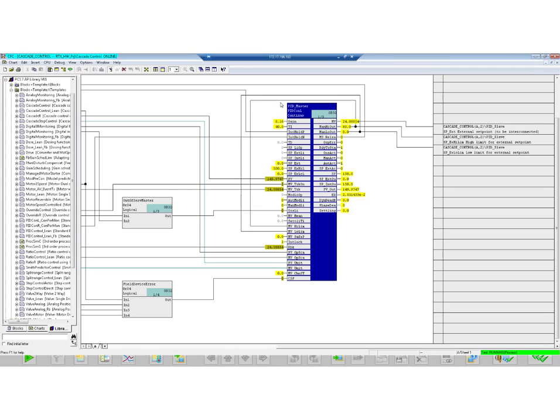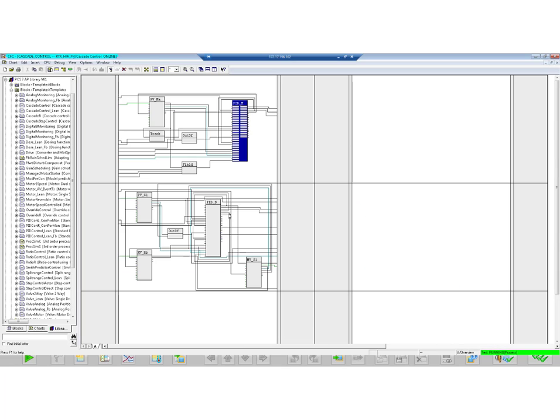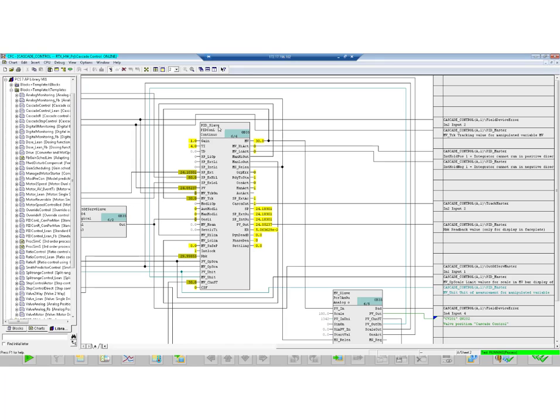As you can see, the master PID is locked, so MV track on, this binary signal is 1, and the output MV, as you can see over here, is tracking MV track. So if we have a look over here, we see indeed that this slave controller has an output cascade cut that is now 1, and this is why the master PID is locked.